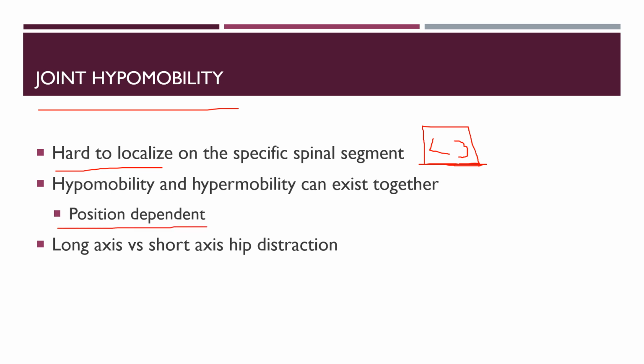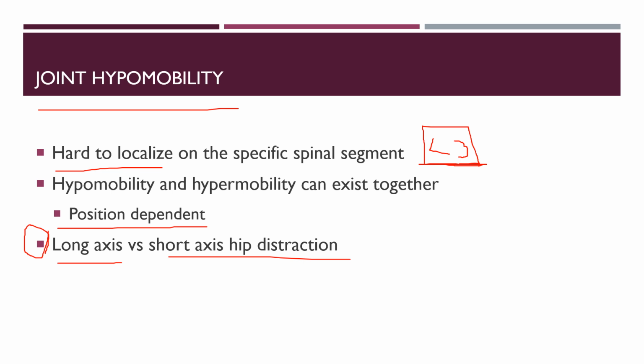Okay. There are some good techniques that we can use if we're going to perform manual mobilization or distraction. This is something that you will learn, not so much the posterior to anterior mobilizations. We're not going to really talk about those much, but we are going to perform long axis and short axis distraction.